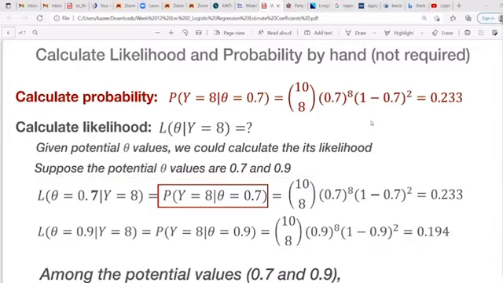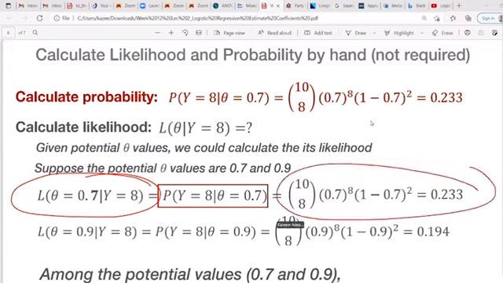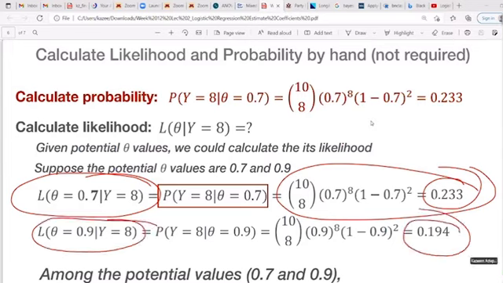When theta is 0.7, we got 0.233. When theta is 0.9, the value that we got is 0.194. If I want to choose the theta value here, I'm going to prefer 0.7, because 0.7 is the value of theta that gives me the maximum likelihood.